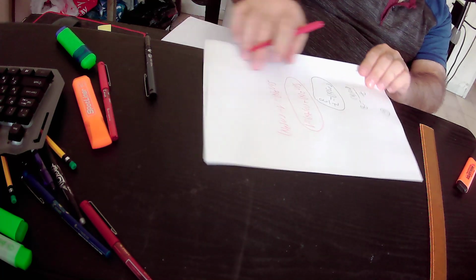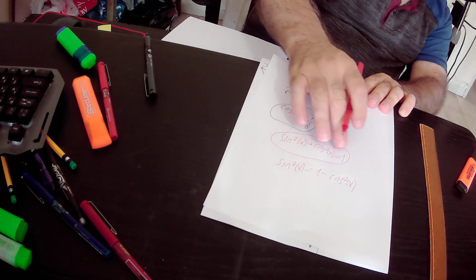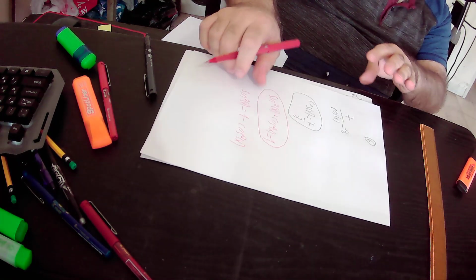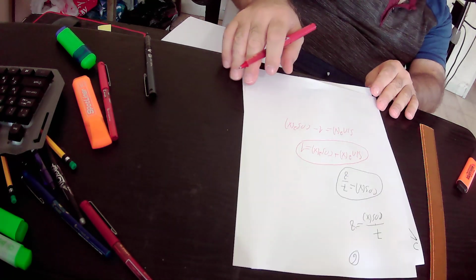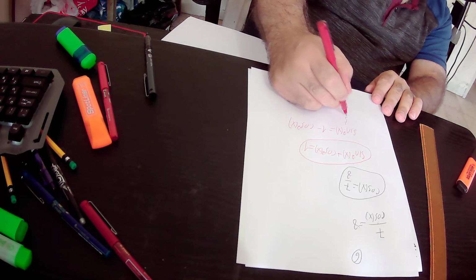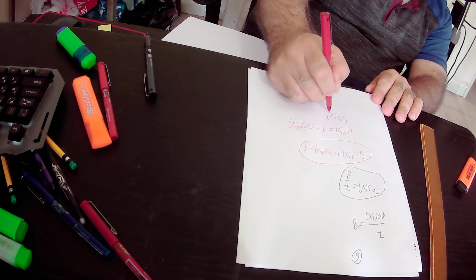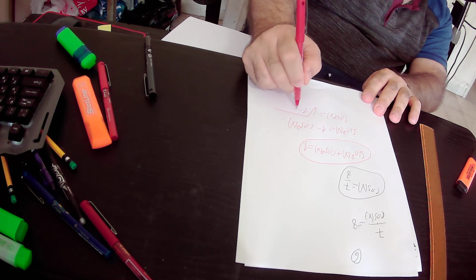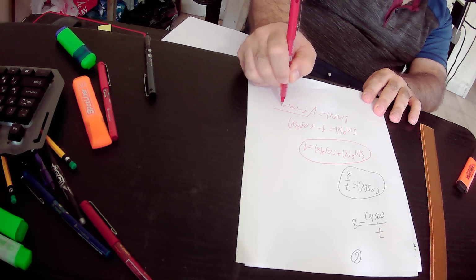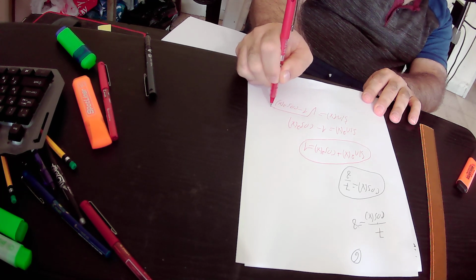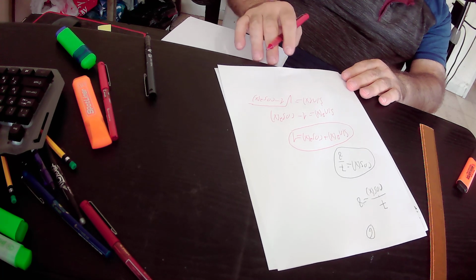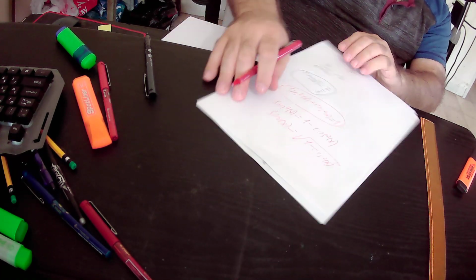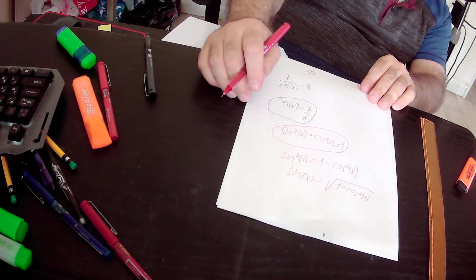Here we will take a root of this equality, and we get that sine x equals the root of 1 minus cosine square x.